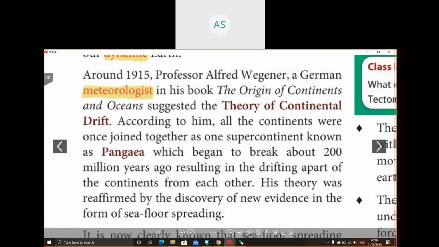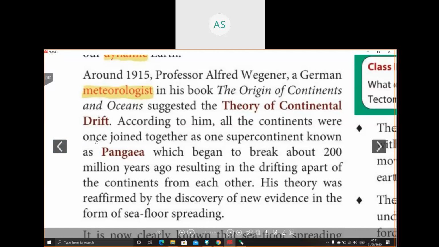And next, around 1915, underline this, Professor Alfred Wegener, a German meteorologist, in his book The Origin of Continents and Oceans suggests the theory of continental drift.